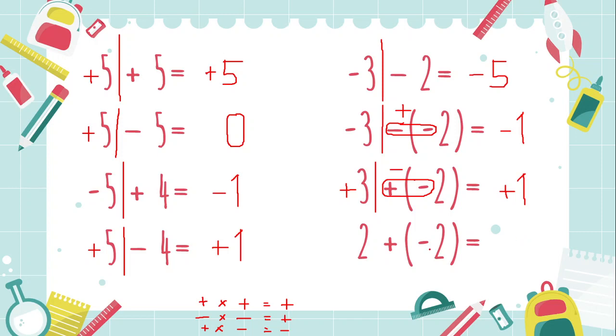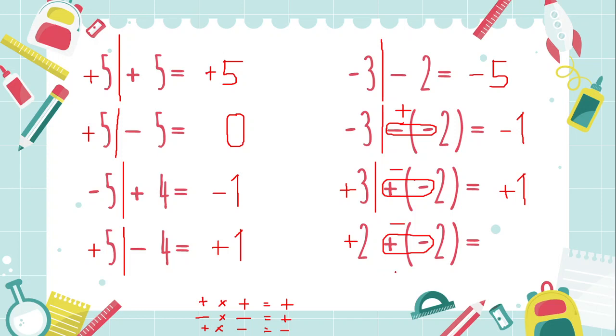Next, again, we have two signs here separated by a parenthesis, which is a multiplication. All we need to do is simplify these two signs. So we multiply a positive and negative sign, and we come up with a negative symbol. Then since 2 does not have a sign on its left side, 2 is a positive number.